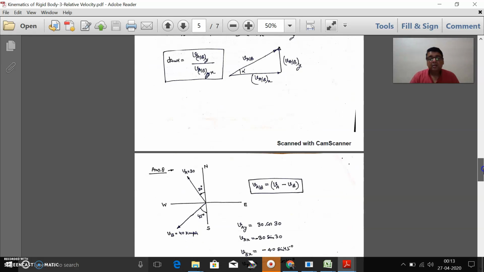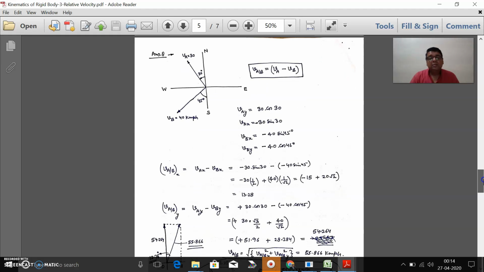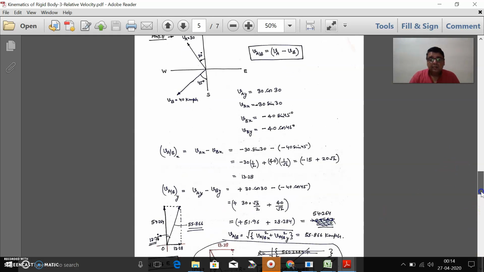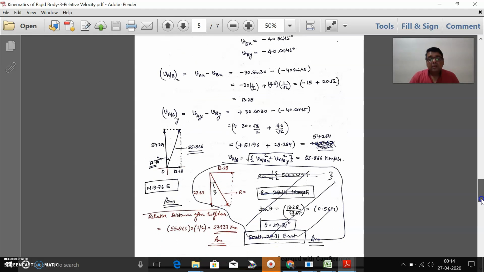Is it okay? It is the same numerical, numerical 8, the same numerical I solved for you. That's how VAy, VAx, VBx, VBy, velocity of A with respect to B, x component VAx minus VBx, and y component VAy minus VBy. Then we can quickly solve it.